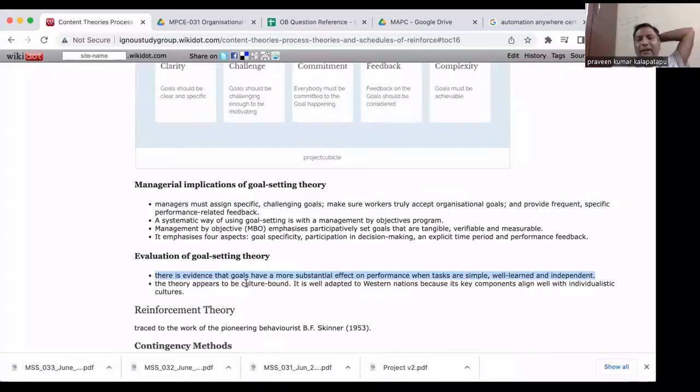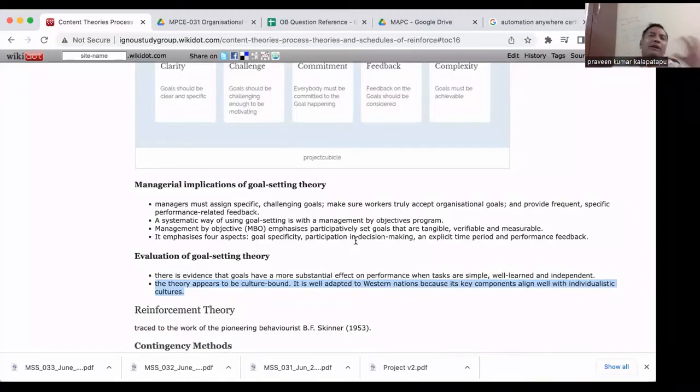This is an interesting point: the way the goals are perceived, or the way this entire goal setting happens, is actually culture dependent, it seems. Okay. Western cultures have a better alignment towards it. Whereas Eastern cultures don't have this goal setting very clear, because Eastern cultures are more team cultures.